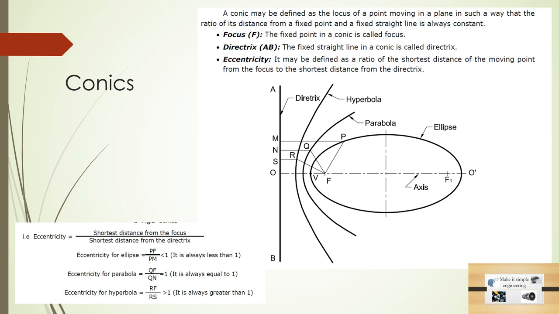Here the focus is a fixed point about which the conic section is constructed. That is, the focus is similar to the center of the circle, about which the circle is constructed. Precisely, in the case of a circle, which is also a conic section, the center and focus are exactly the same point.